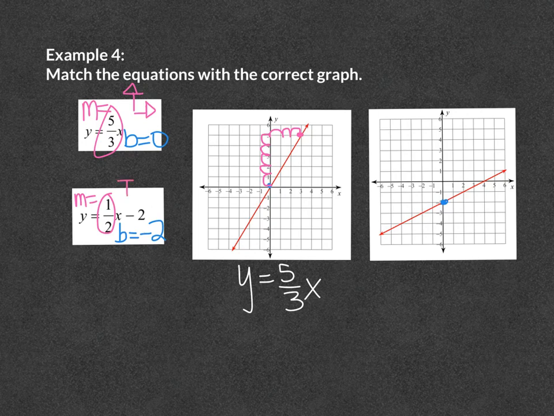So that means I'm going to go up 1 to the right 2. So start at the y-intercept, go up 1 to the right 2. 1, 2. My dot goes there. It is the correct line. So the equation is y equals 1 over 2x minus 2. And that's how you match the equations with the correct graph.